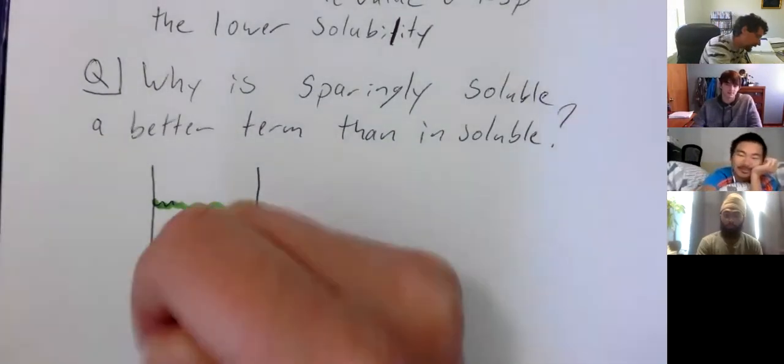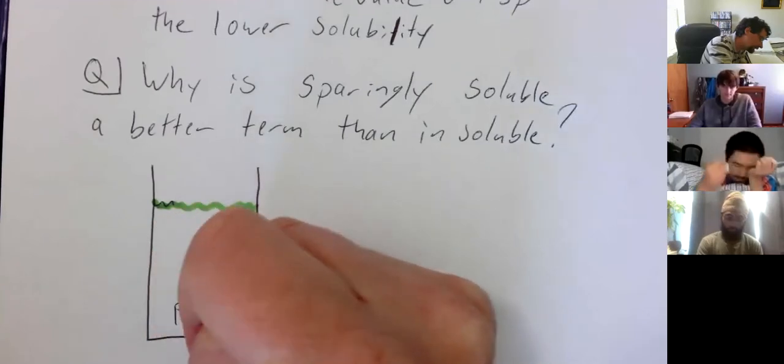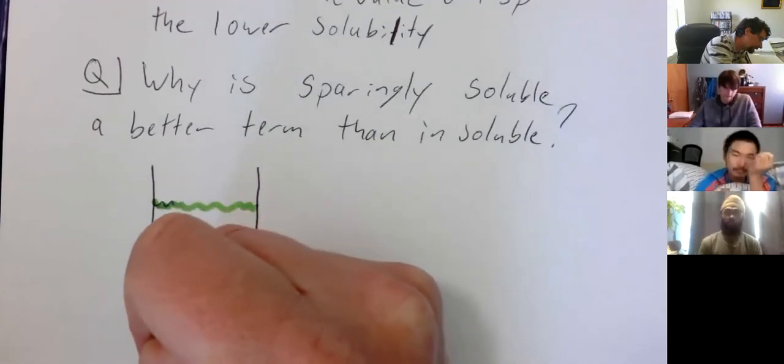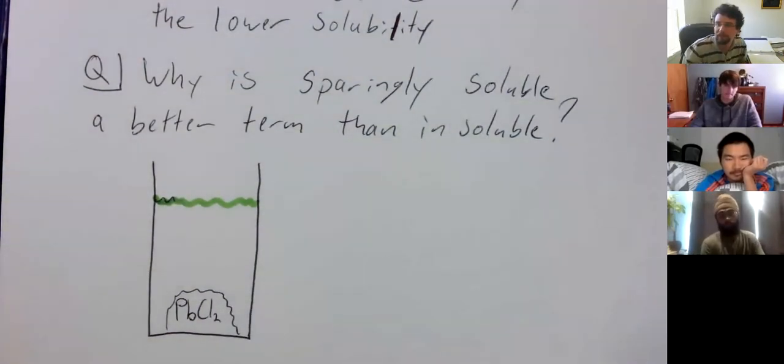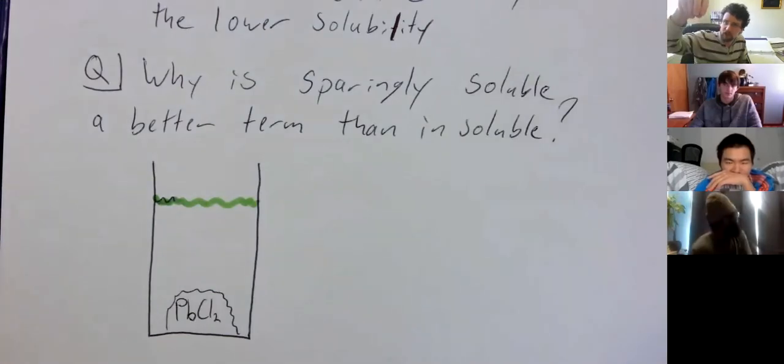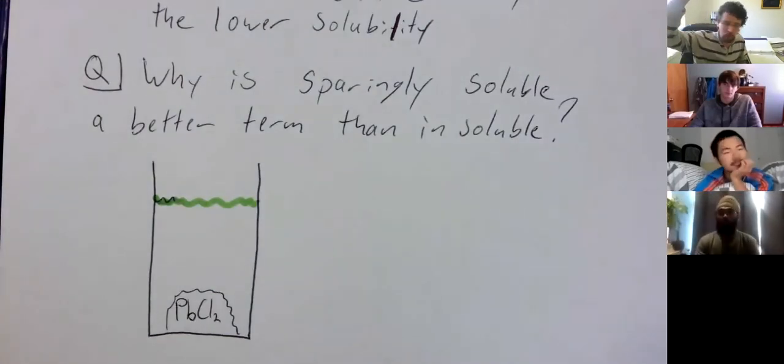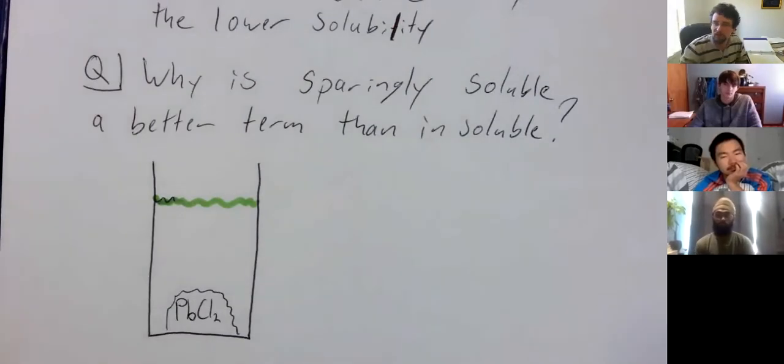Okay, let's say we take some lead chloride and we throw it in the bottom there. So we have some actual physical lead chloride, that kind of cool yellow color. We drop it into our water sample.